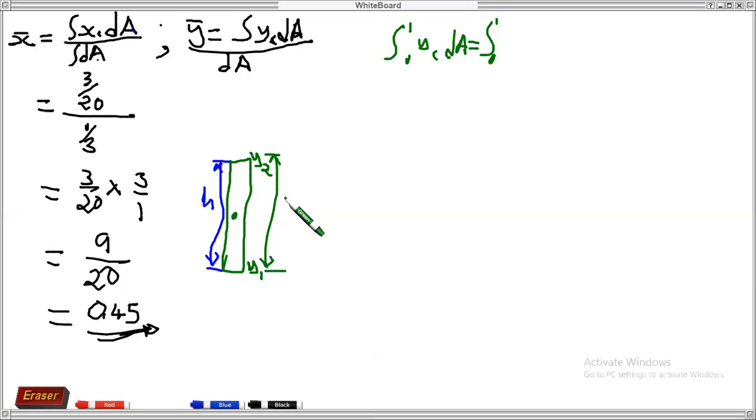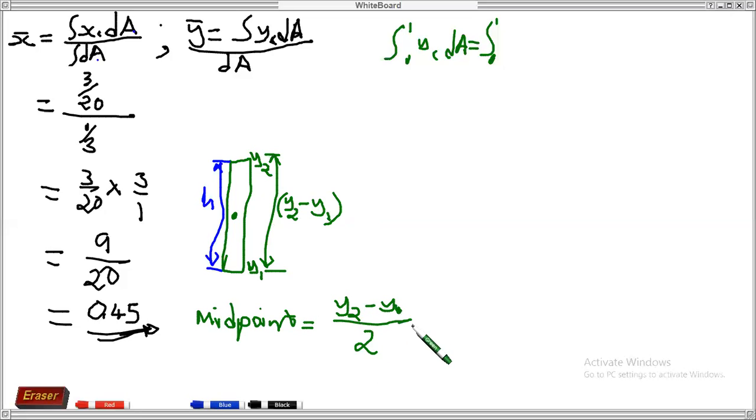So we can say it's y2 minus y1, like we did before. So the middle point will be y2 minus y1 divided by 2, which is the same as h over 2. We're just trying to find the middle.